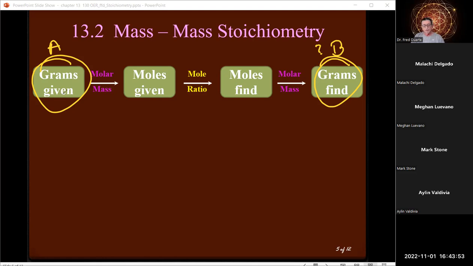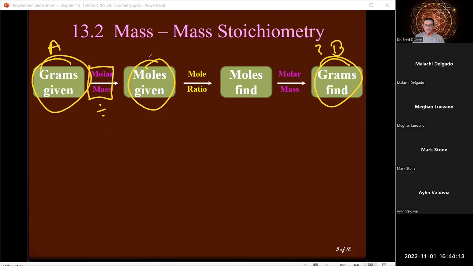So we take the grams, and once we know the molar mass of A, whatever it may be, the sum of all the atoms involved in this formula, if we divide by the molar mass, that will give us the moles that we were given.